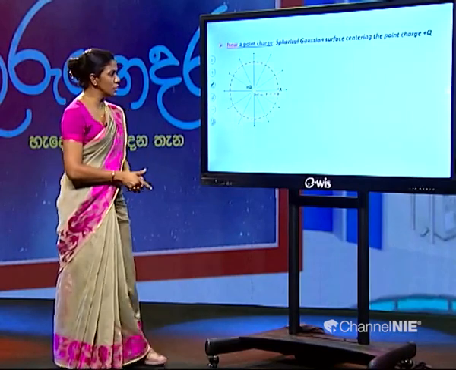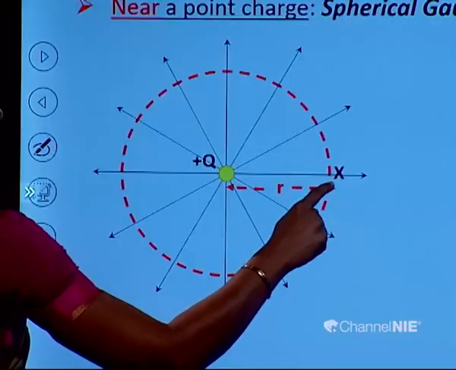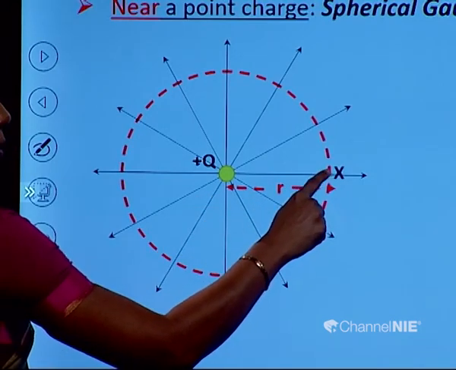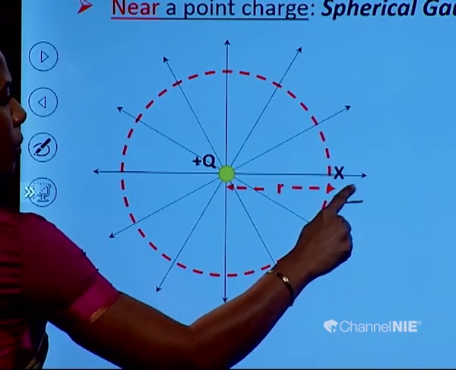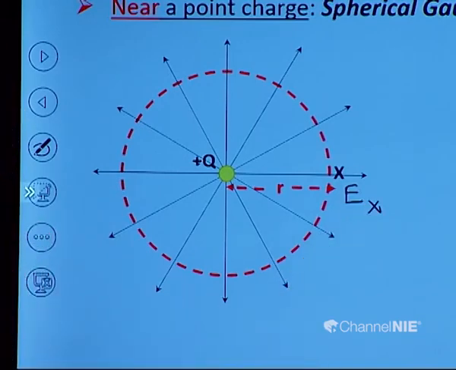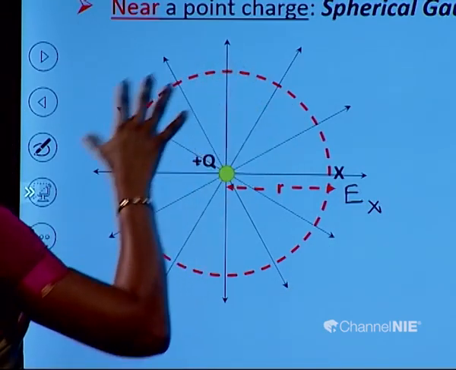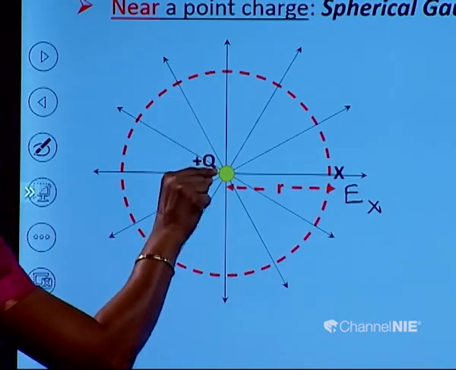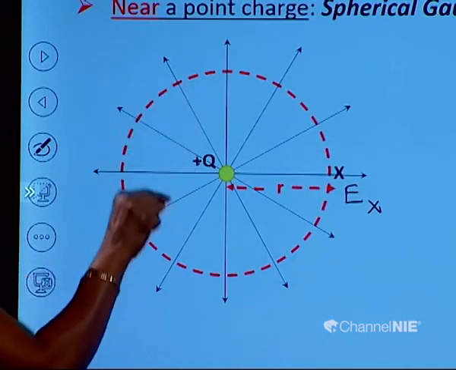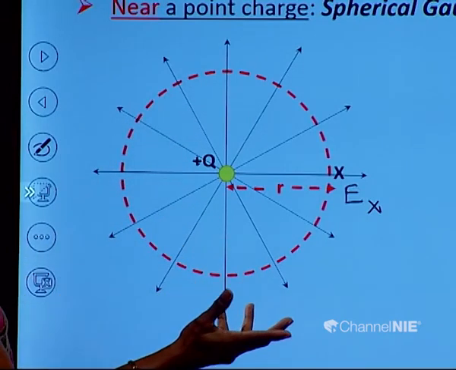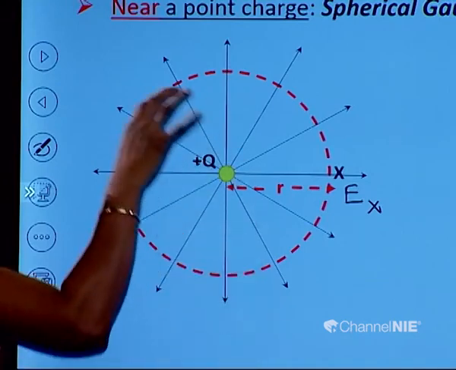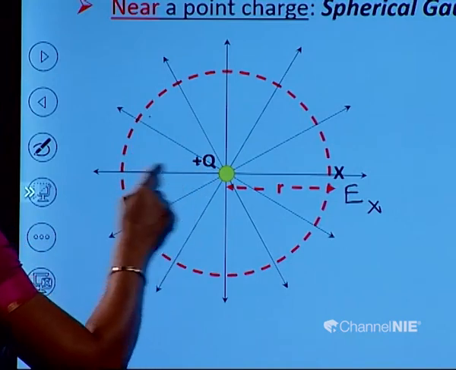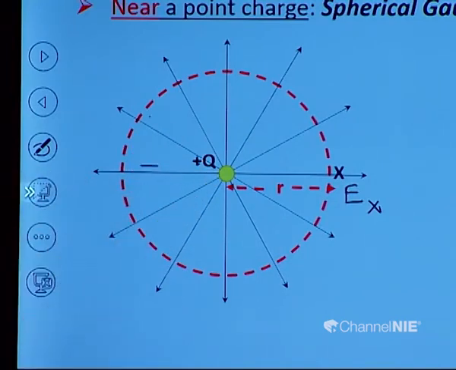If I choose a point at a distance r from the positive charge that constructs the electric field, let us say the field intensity at that point is Ex. According to the symmetry, at any point at the same distance from the point charge in the 3D space, the field intensity must be the same. The field concept is a symmetric concept.